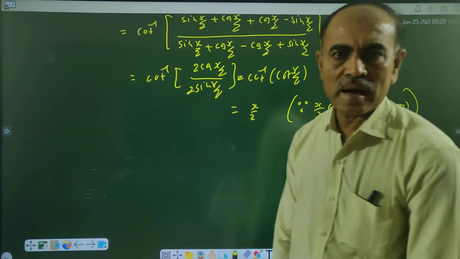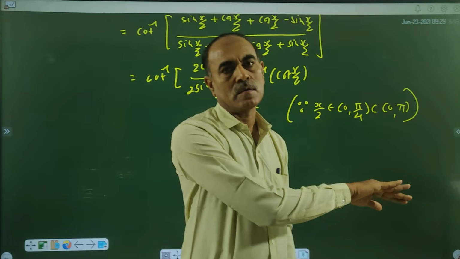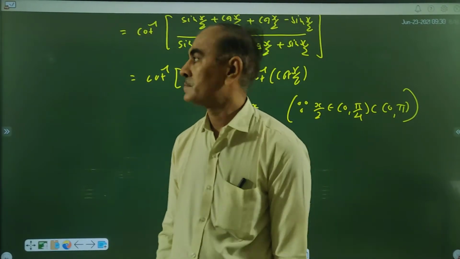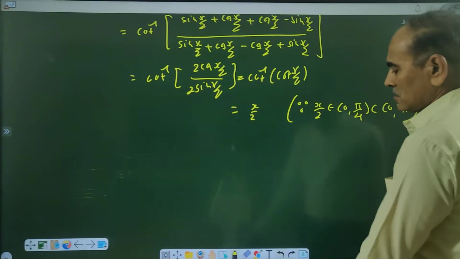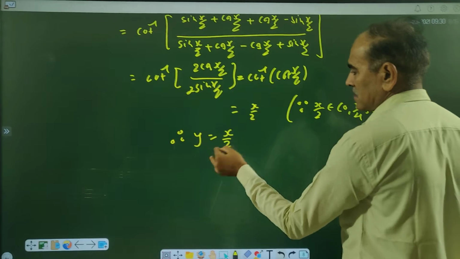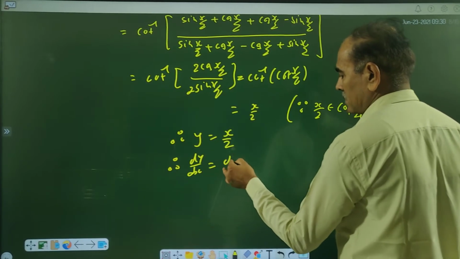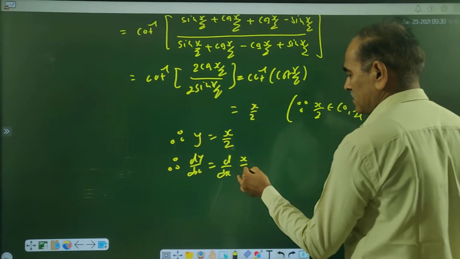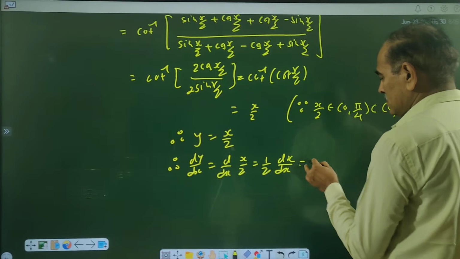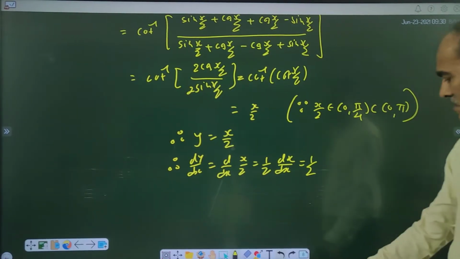Why 0 to pi? Because the range of the cot inverse function is the open interval 0 to pi. So y is equal to x by 2. What is dy by dx? d by dx of x by 2 is 1 by 2 dx by dx, and that comes out to 1 by 2.